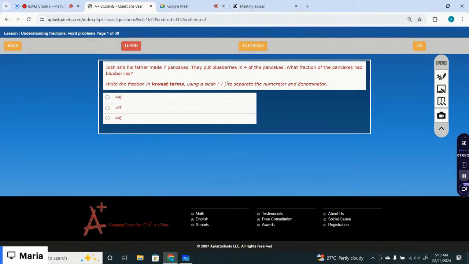So the total pancakes are 7, right? 4 of the 7 pancakes had blueberries. So the correct option is 4 out of 7. Option number 2 is the correct option.